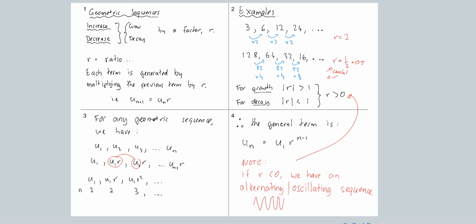So when it says the absolute value of R is greater than 1, it basically just means anything above 1 or below -1. And the absolute value of R being less than 1 means everything between -1 and 1. In other words, it's a decimal. It might be a positive decimal or a negative decimal, but it's a decimal. A fraction. Does that make sense? Okay, it's shorthand for saying that. So I don't really need the R greater than 0 bit now.